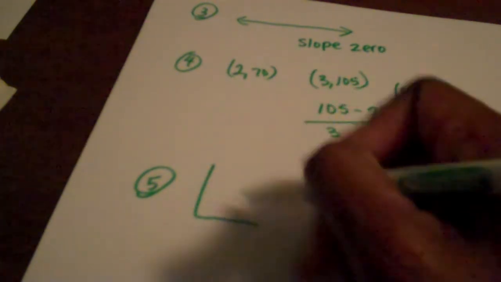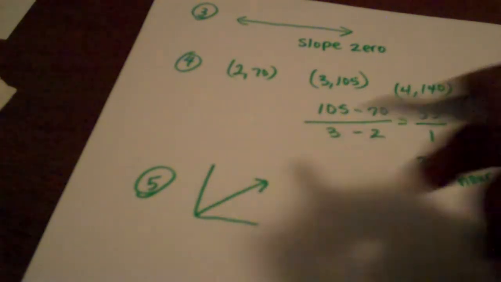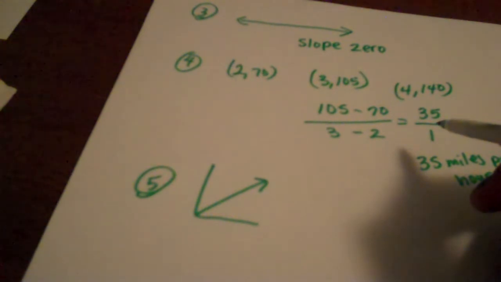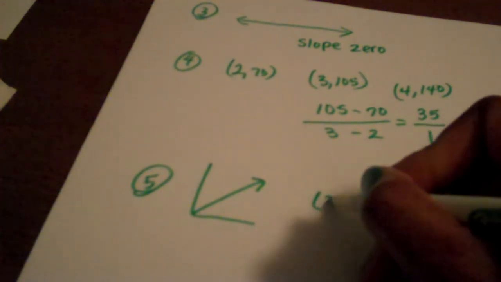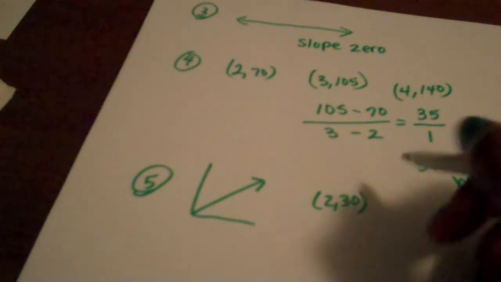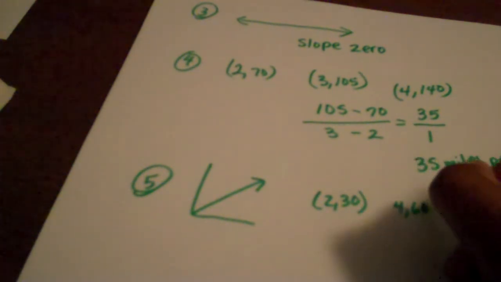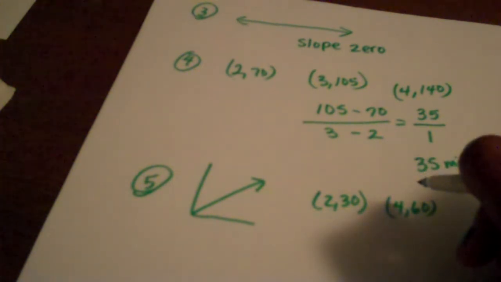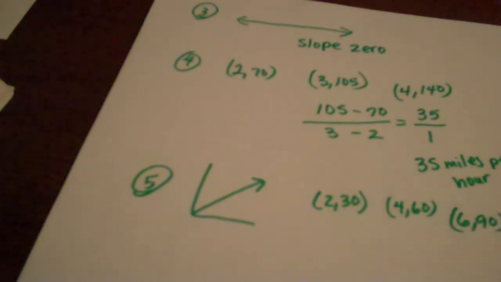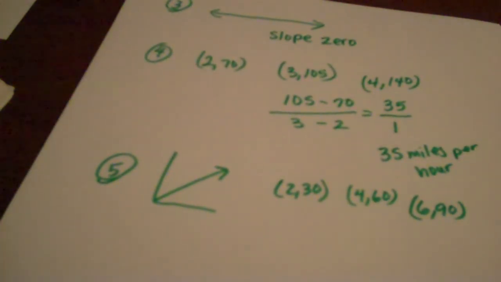So again, we have a graph here that is going in an upward motion, so we know that our slope is positive. We have 3 points that are identified. We have 2, 30. We also have 4, 60. And our last point that's identified is 6, 90. So again, you just want to choose 2 points.